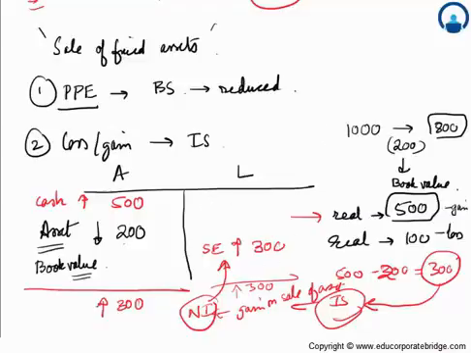Now how do you take this into account when you are talking about cash flow from investments? Think from the point of view of pure cash. How much cash did you receive? You received 500. So this is the amount that should go into your cash flow from investments as cash inflows. It has nothing to do with your book value. It has nothing to do with your gain on sale of asset.